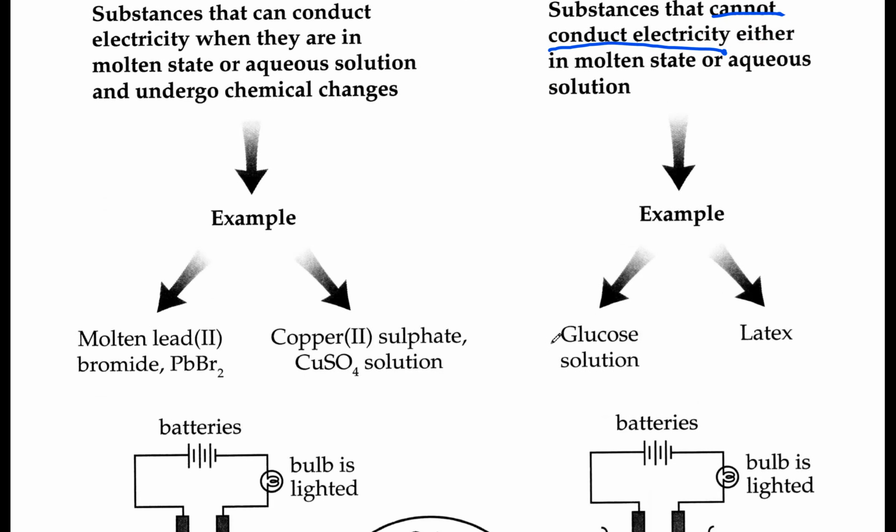Electrolytes usually refer to ionic compounds because ionic compounds contain ions which have the potential to conduct electricity, but only when they are molten or when they are dissolved in water.